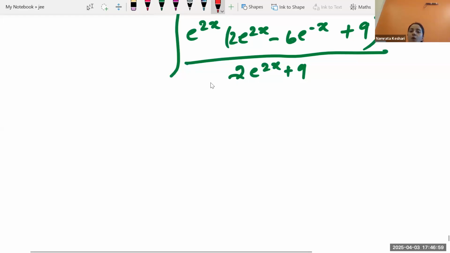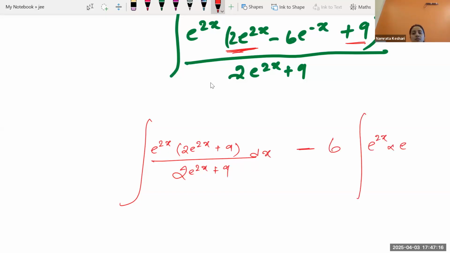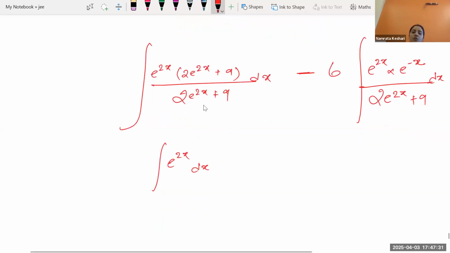We wanted to take this term and this term together. So e to the power 2x and 2 e to the power 2x plus 9 together, the same 2 e to the power 2x plus 9 in the denominator, dx, minus 6. This e to the power 2x multiplied with e to the power minus x, still we are having e to the power 2x plus 9. The first part we are already having just e to the power 2x. If we do the integration, we understand that it will be just e to the power 2x by 2, right?